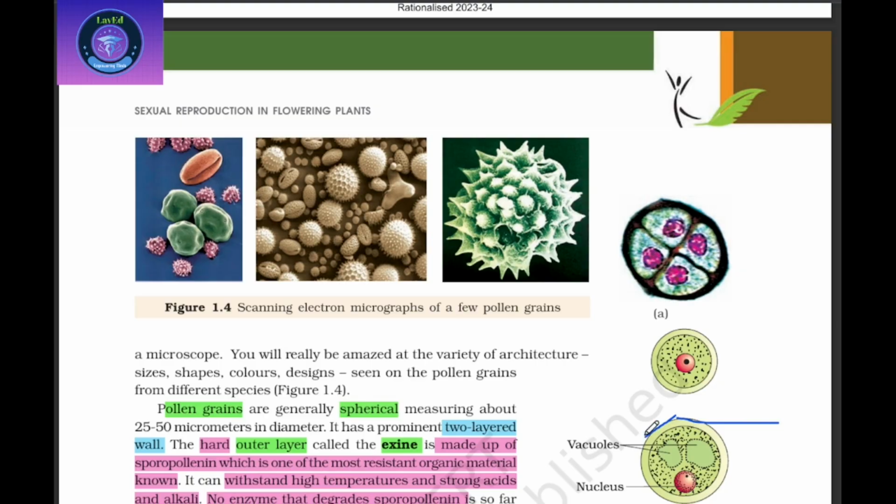Drawing on the computer is very difficult. So the blue color, the outer line that I have drawn.